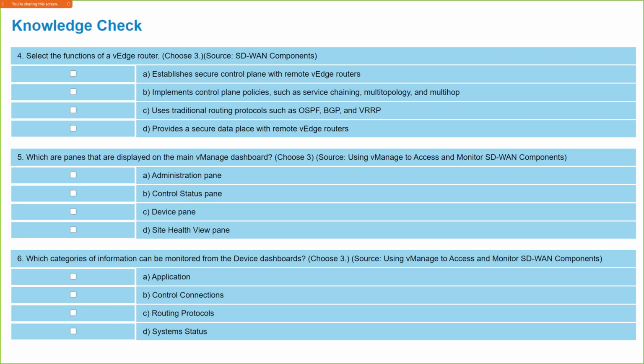Yeah, I would say that's true, right? The vEdge router is the one that implements the policies. We define the policies from the vSmart controller, but the vEdge is responsible for implementing them. It does definitely use traditional routing like OSPF, BGP, and VRRP. And it does provide secure data plane connectivity to other vEdge routers.